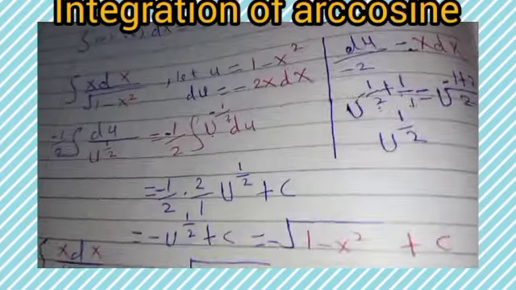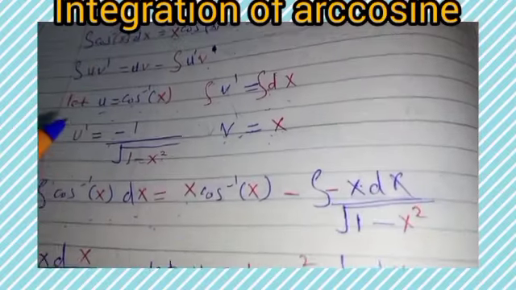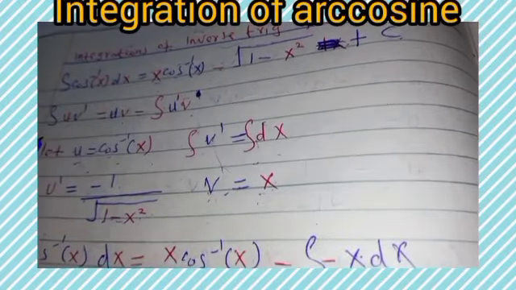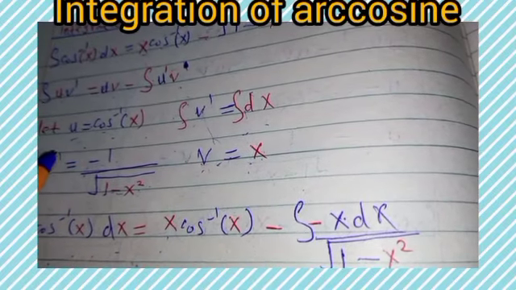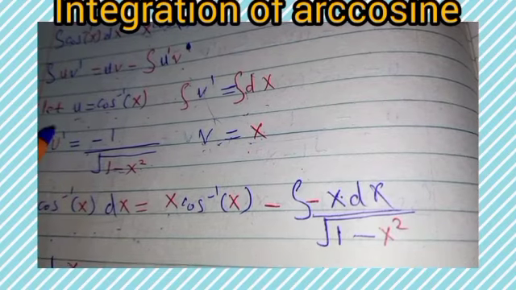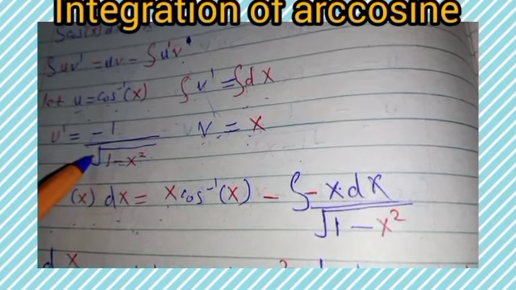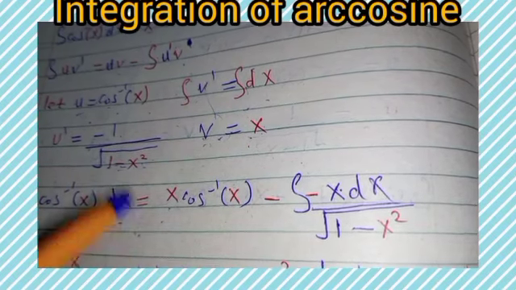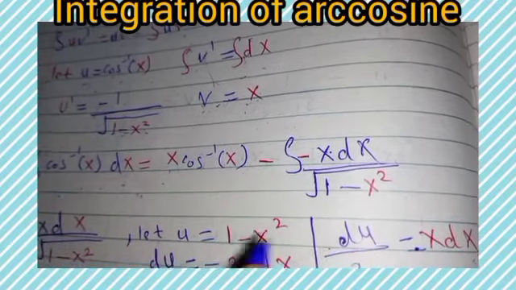It appears to be a bit lengthy, but provided you know how to integrate by parts, have knowledge of calculus 1, that when you differentiate cos inverse of x the result is negative 1 divided by square root of 1 minus x squared, and know how to integrate simple integrals, then it becomes simple.